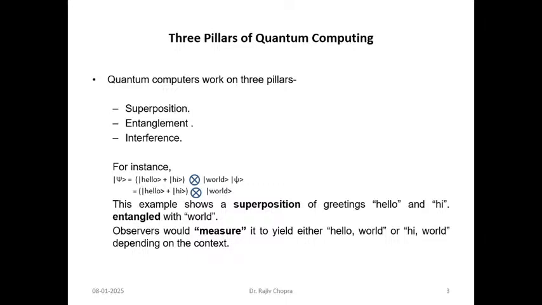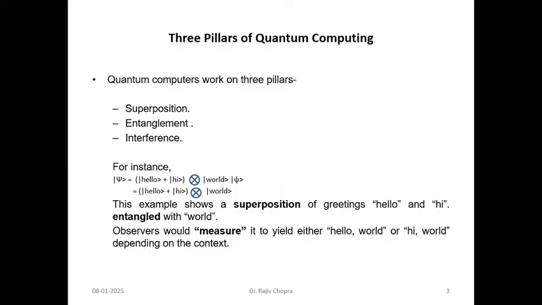Now what this example shows is that the superposition of greetings like hello and hi are entangled with the word world. So observers would measure it to yield either hello world or hi world, depending on the context. This is how superposition and entanglement work.